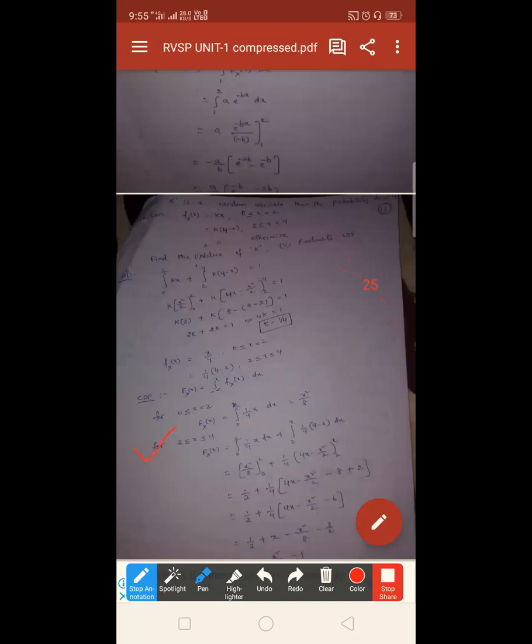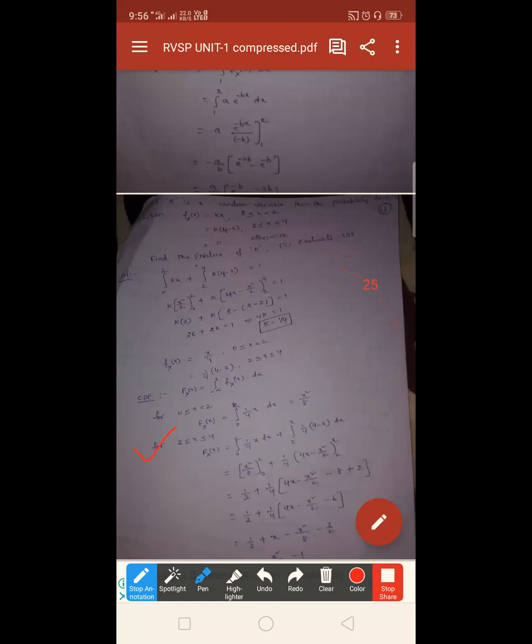For the second range also, you have to calculate the cumulative distribution function. What is the second range? 2 to 4.